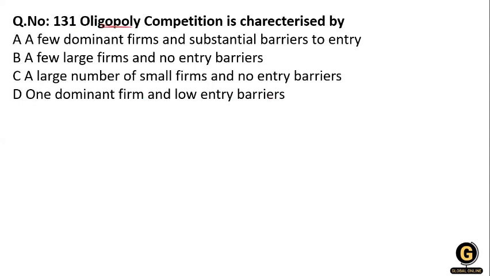In an oligopoly there are a few dominant firms and substantial barriers to entry, because entering the market needs a huge investment. As I discussed in the economics full crash course revision, whenever you read about oligopoly, keep the example of the airline in mind. Airlines are the best example of an oligopoly. Clear? So option A is correct.